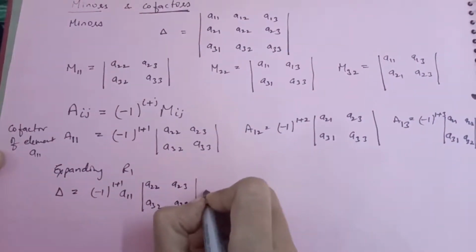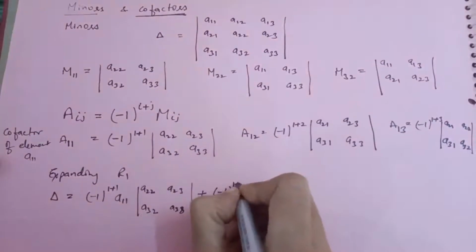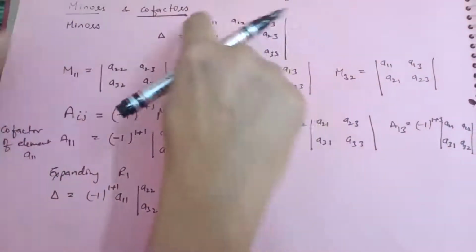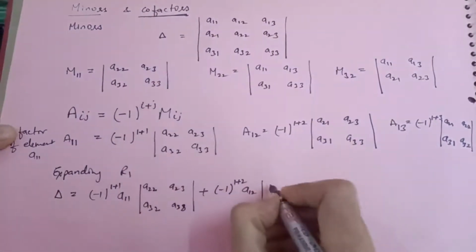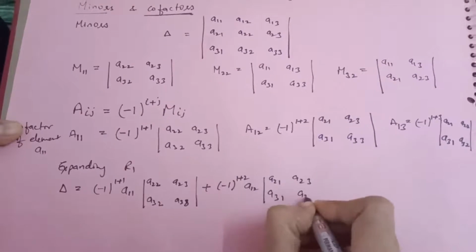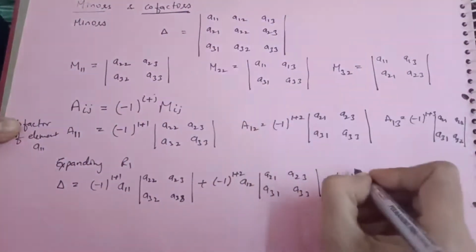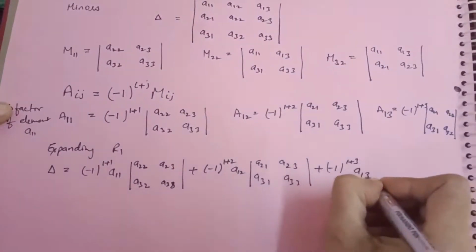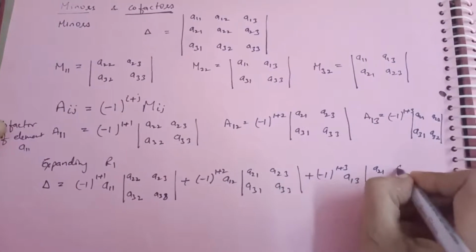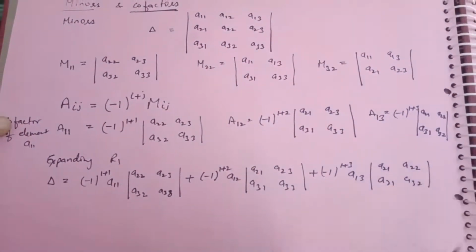Then comes (-1) to the power 1 plus 2, with the first row second element A12, and the determinant A21, A23, A31, A33. Similarly the third is (-1) to the power 1 plus 3, element A13, with determinant A21, A22, A31, A32.